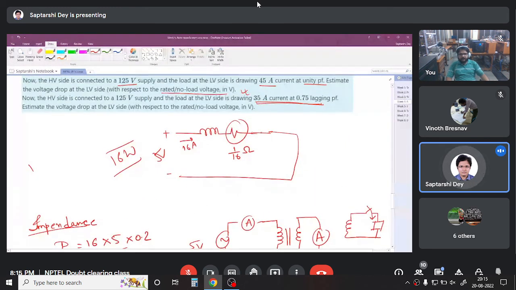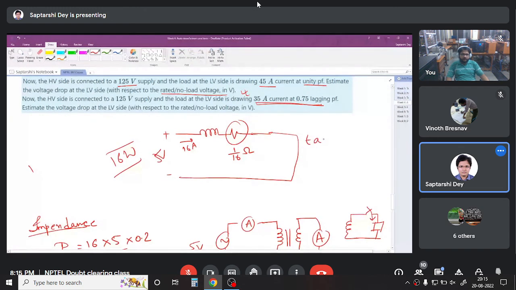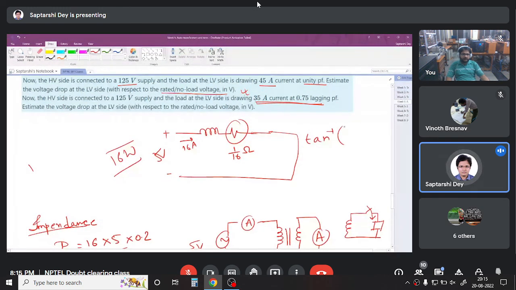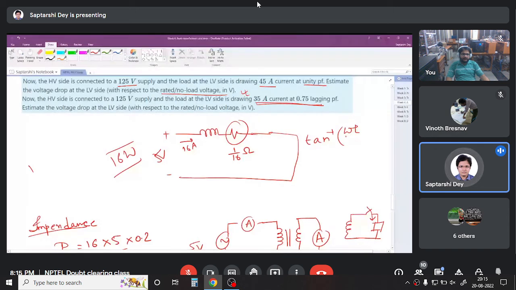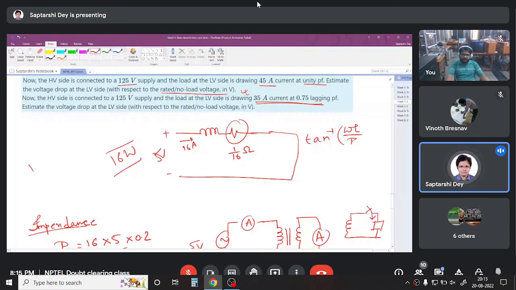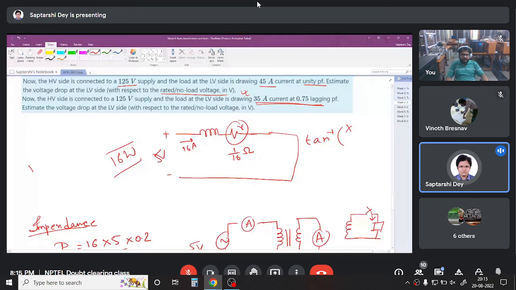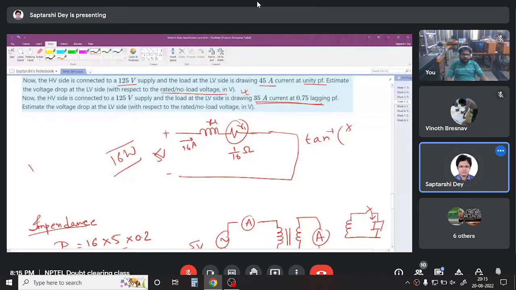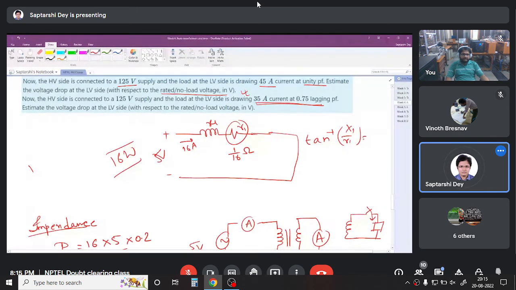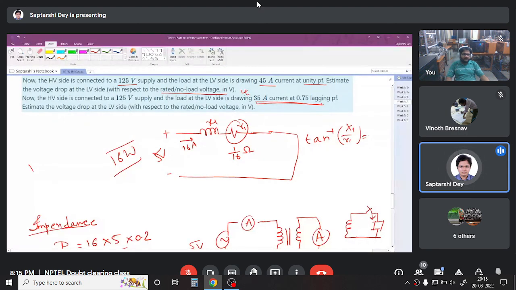And from the power factor, I have tan inverse of omega L by R. Let us not write omega L, let us write X. So this is tan inverse of X1 by R1, which is the power factor angle, phi. What is phi? Phi is cos inverse 0.2.